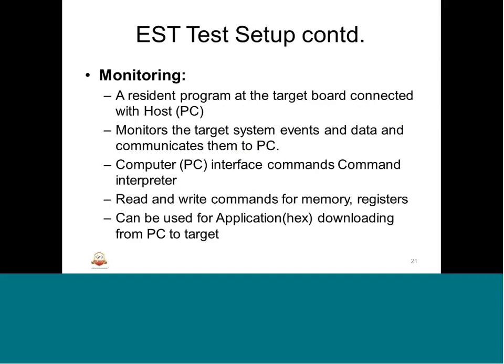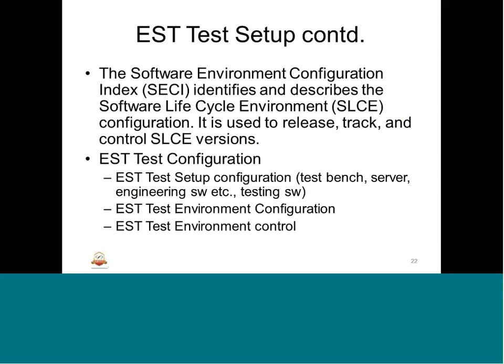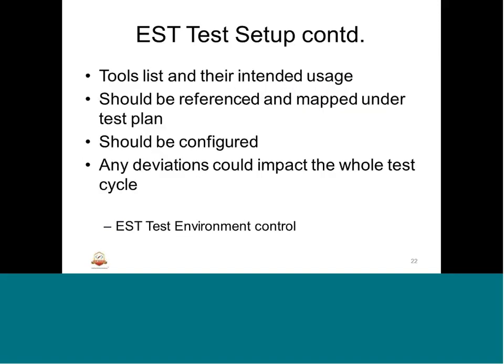And the setup has to be configured and controlled with the help of software environment configuration. It is called the environment configuration index, which will list out all the tools and the complete environment.